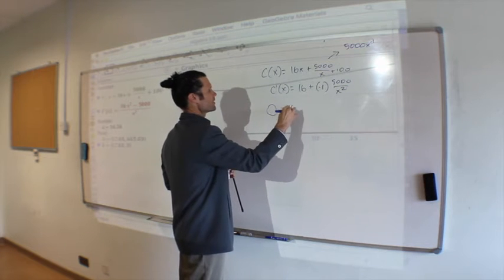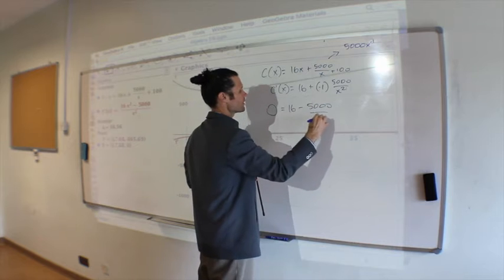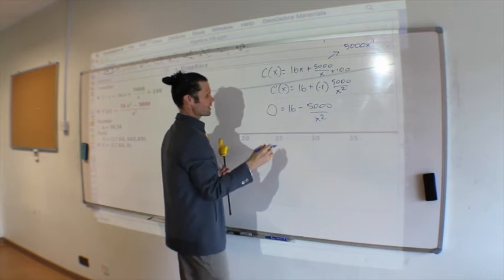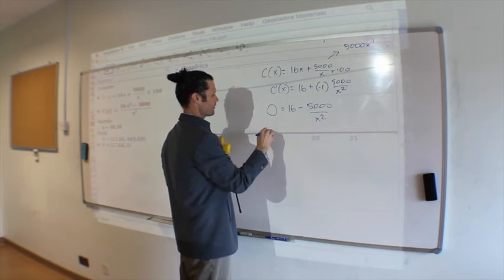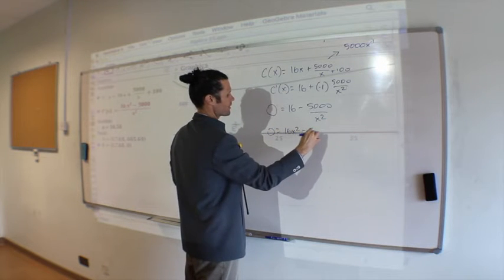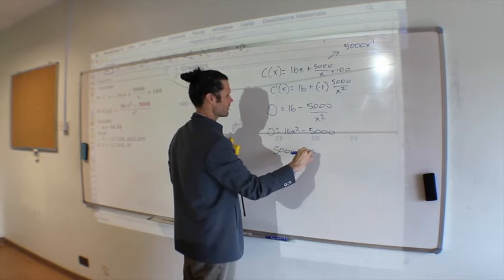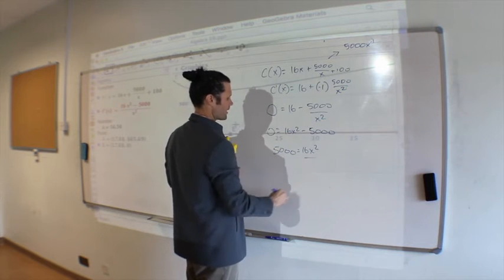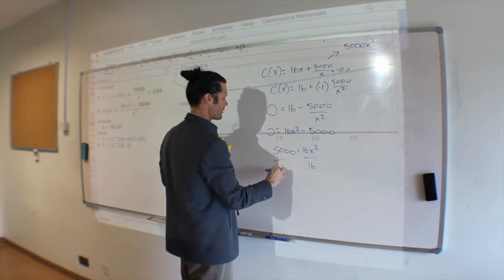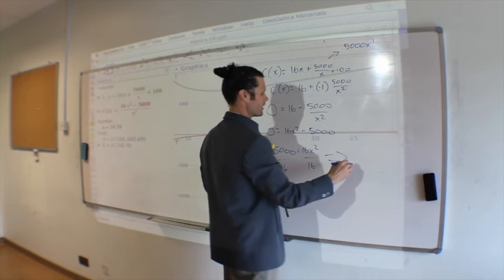So 0 equals 16 minus 5,000 over x squared. We'll multiply by x squared, and we get 0 equals 16x squared minus 5,000. So 5,000 equals 16x squared. We'll divide by 16, divide by 16. And then after that, we'll take the square root.